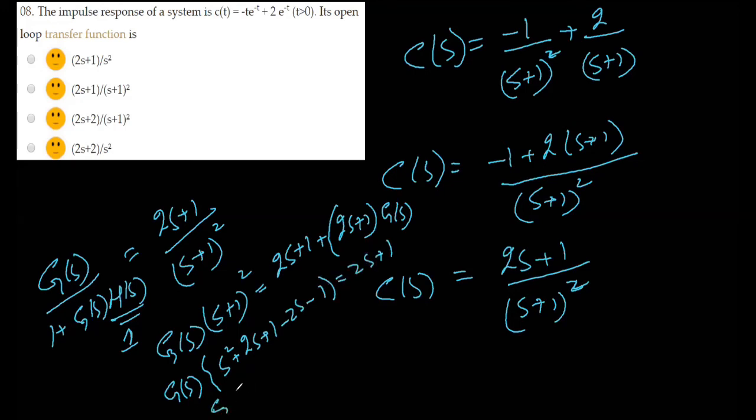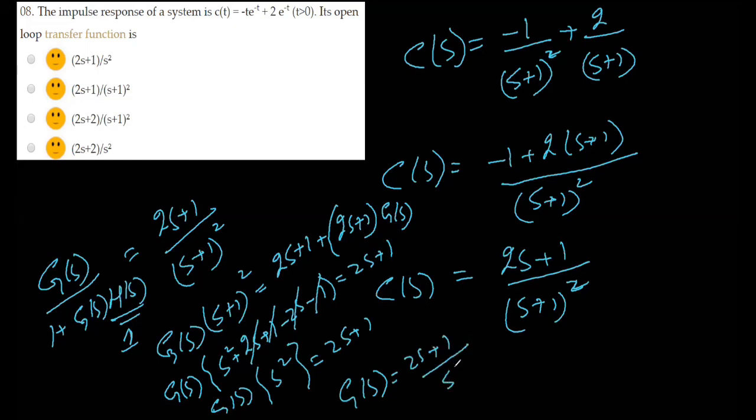This 2s will cut out by this 2s, and plus 1 will cut out by this 1. So your G(s) will be equal to (2s plus 1) divided by s square. So this is the final answer. So option A is the correct answer.